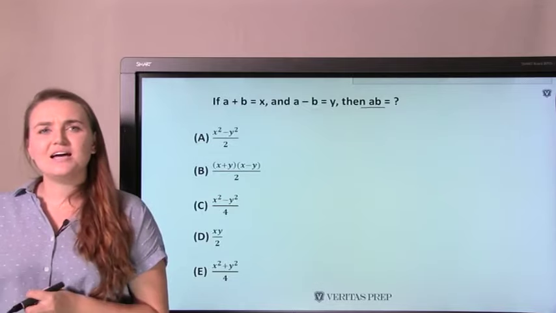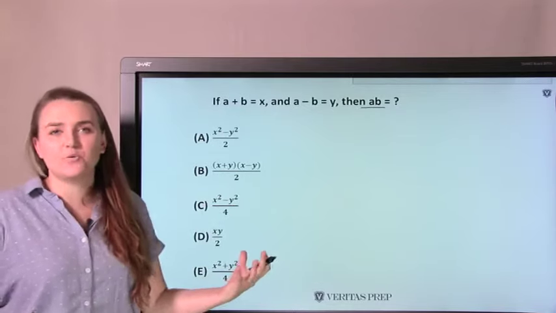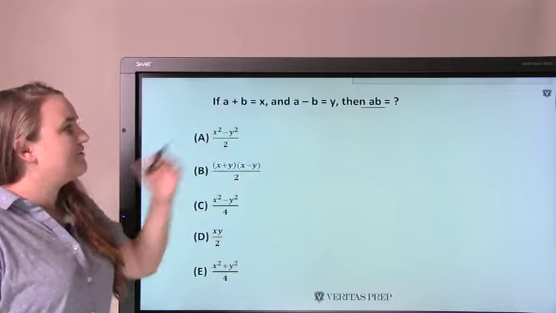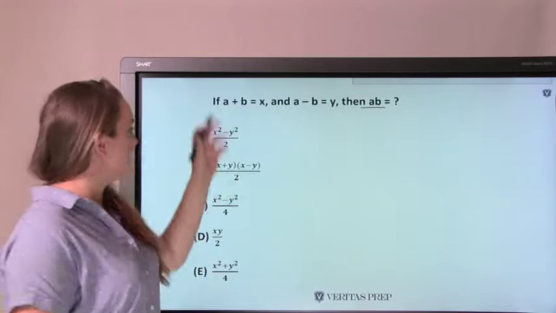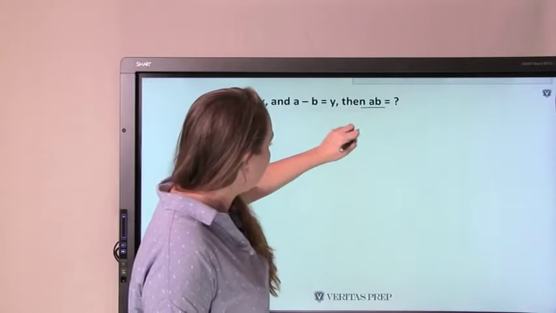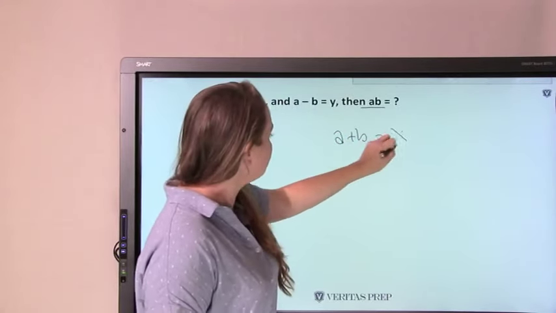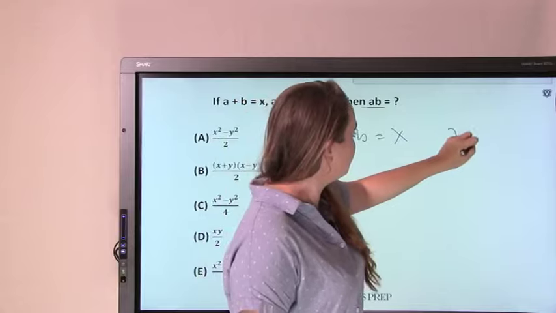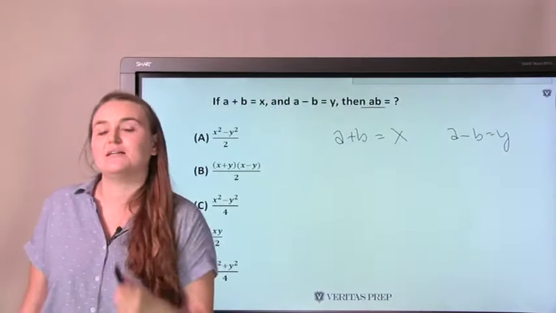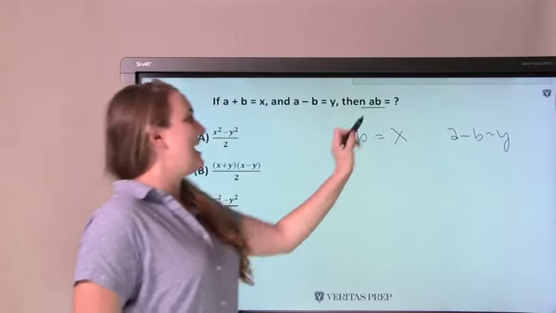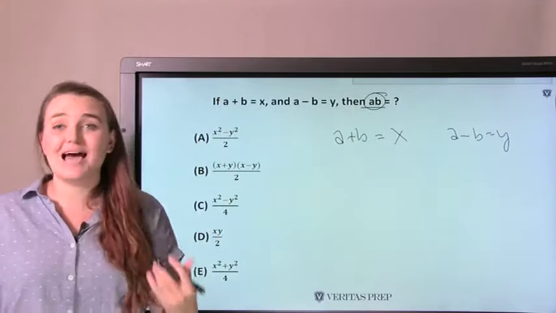So let me ask you this. How am I getting to the point where I solve for AB as a unit? What can I do with this information if I know that A plus B equals x and A minus B equals y? What might I do to get a little closer to isolating AB, the product, as a unit?